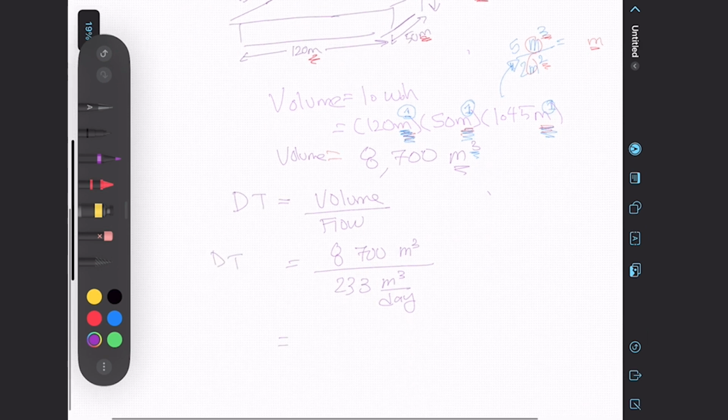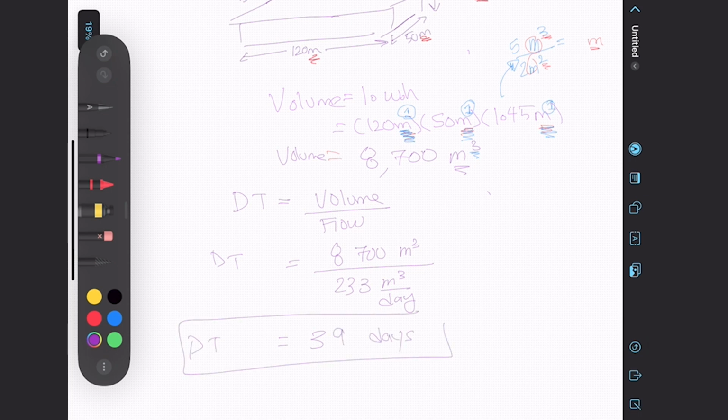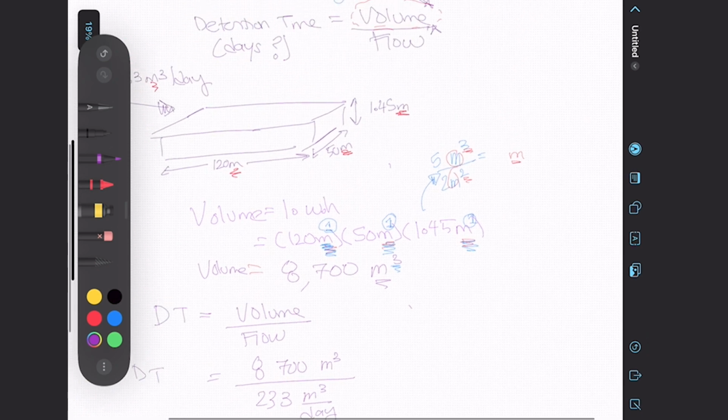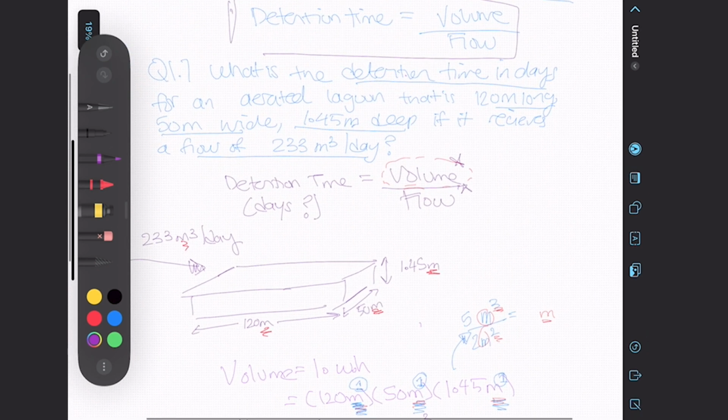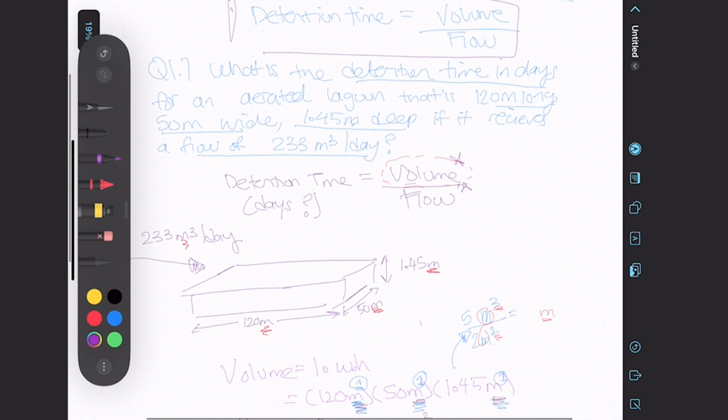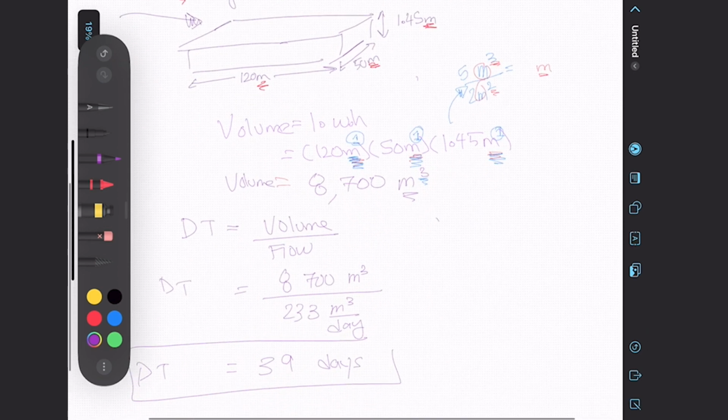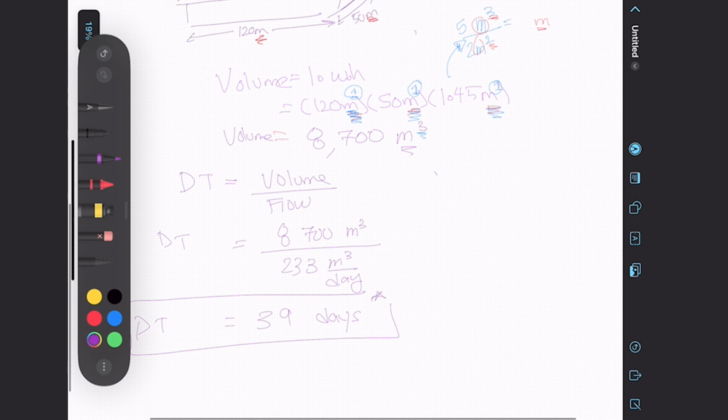We plug this into our calculator and we get 39 days as a detention time. That is our final answer. So we're going to have a detention time of 39 days for a lagoon of this size when we're receiving a flow of 233 meters cubed per day. Now, just a friendly reminder again, I know you guys have seen this before, but in case you're wondering how we get days as the final unit, I will show you right here.